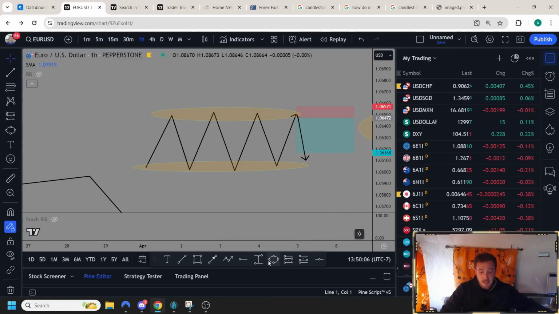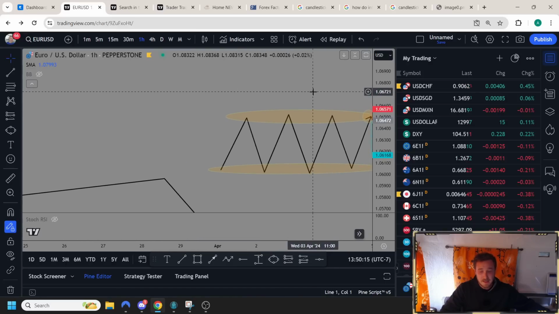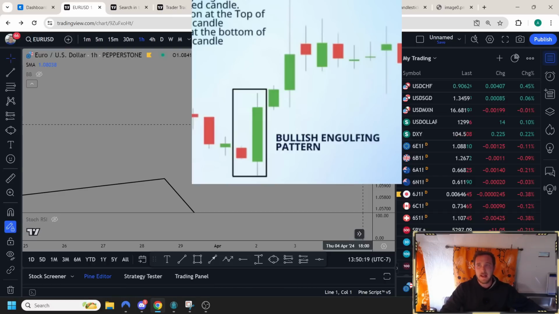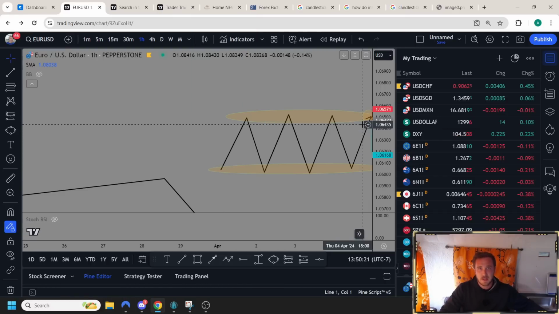So it's probably not a logical idea to buy here when prices come back up here. You probably don't want to be sitting there buying, thinking, oh, look, I got a bullish engulfing pattern, oh, I got a bullish hammer candlestick. Why would you do that, right? Just based off of the past 3 days of market structure on a 1 hour time frame, this is where sellers tend to step in. Now, I'm not saying you can't.